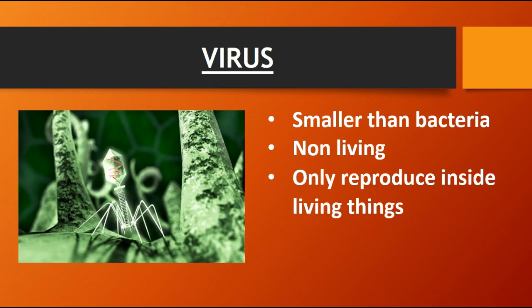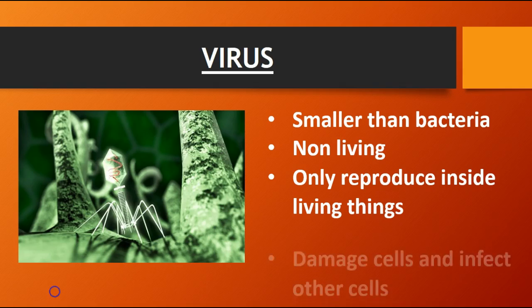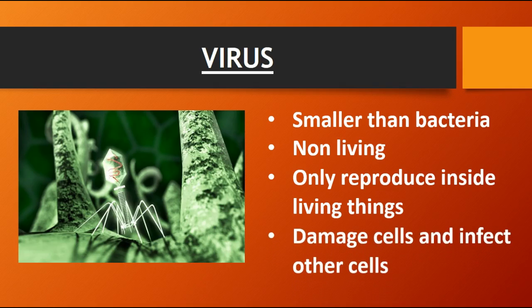And then that cell bursts open and releases all this new virus. And when it bursts open to release that virus, that cell dies. And so it damages those cells and then goes on to infect new cells.